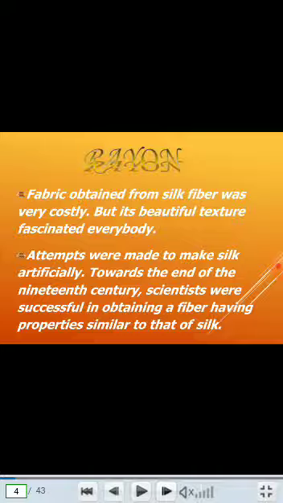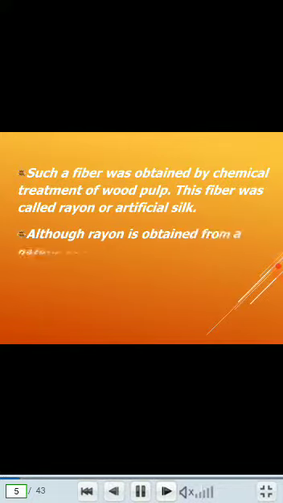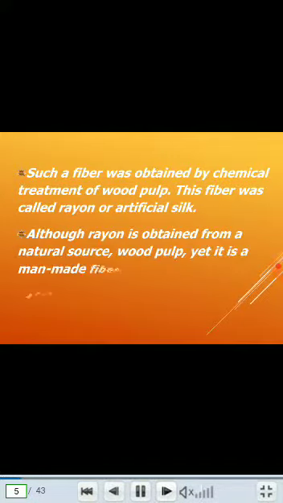Attempts were made to make silk artificially toward the end of the 19th century. Scientists were successful in obtaining a fiber having properties similar to that of silk. Such a fiber was obtained by chemical treatment of wood pulp. So they made an artificial silk.